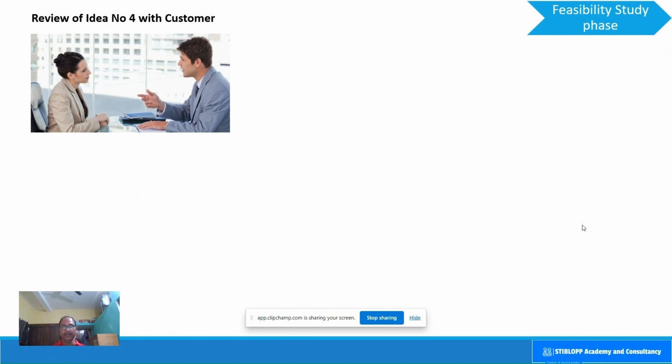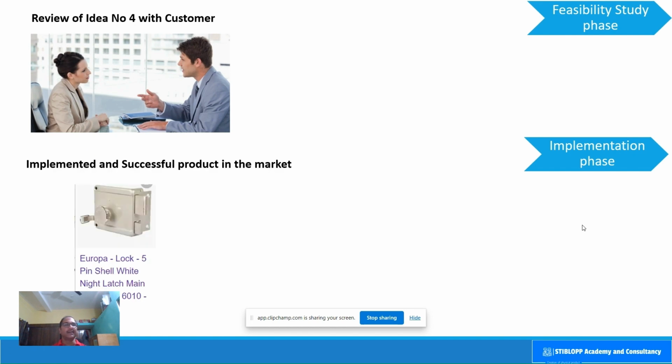We are evident that this idea was approved by the customer and it is successfully running as a product in the market. So this Europa lock is liked by most of the customers and costs only 838 rupees. Thanks to the Europa company for bringing such a value engineered product as compared to the traditional lock.